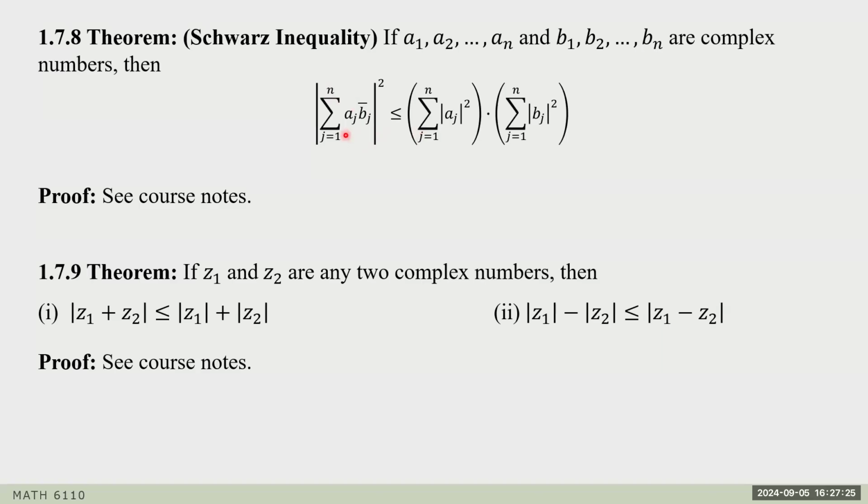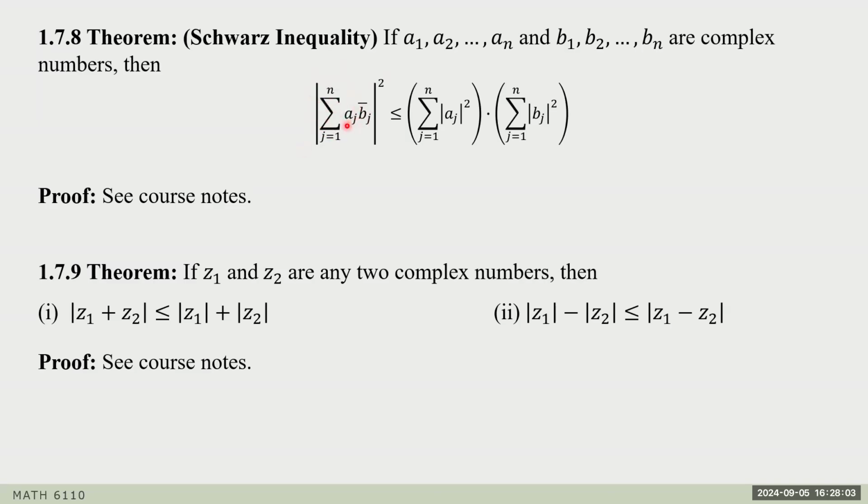If you take the summation, all this is going to give you is a complex number. So the sum of a_j times b_j conjugate is just a complex number. And if you now take the modulus of it, the modulus will give you a real number, and you square that real number. So this is telling you what happens if you were to push the modulus inside.